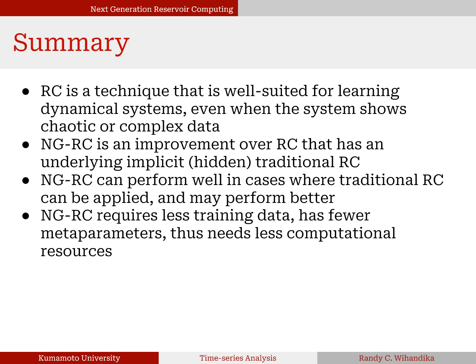So even though we do not see the matrices A, W, and etc., there is a hidden RC inside the NGRC. NGRC can perform well in cases where traditional RC can be applied and may perform even better. NGRC requires less training data, has fewer meta-parameters, thus needs less computational power or resources compared to the traditional RC.